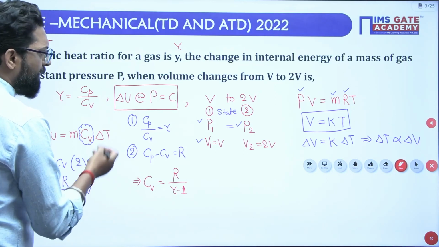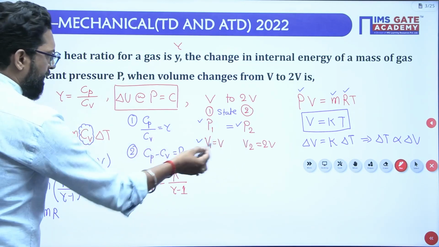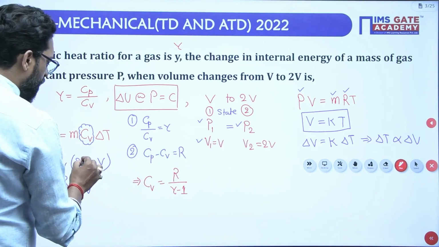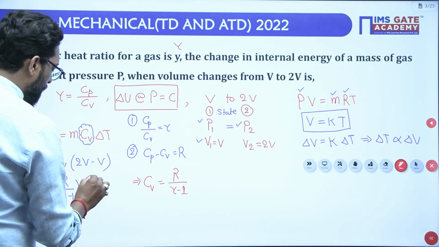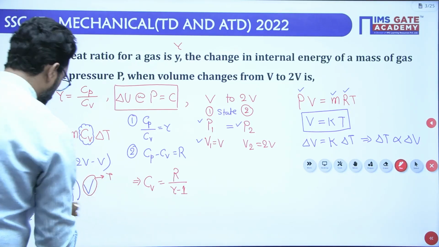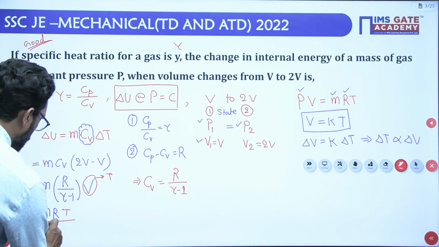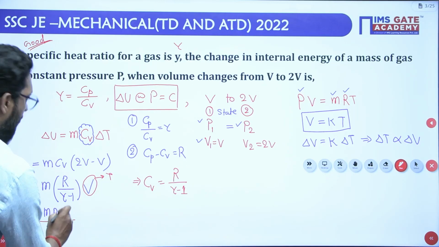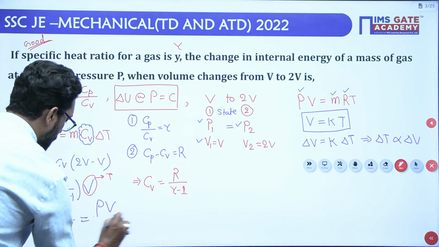T2 corresponds to V2 and T1 corresponds to V. So what is that? mRT divided by gamma minus 1. And mRT is what, beta? PV. So this is PV divided by gamma minus 1.